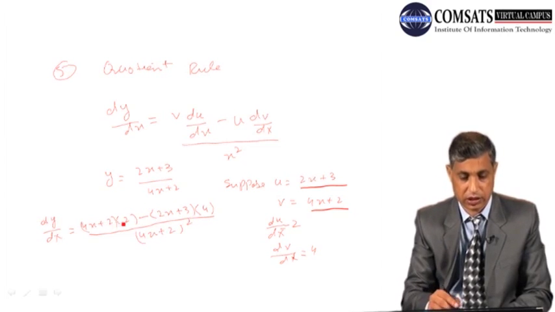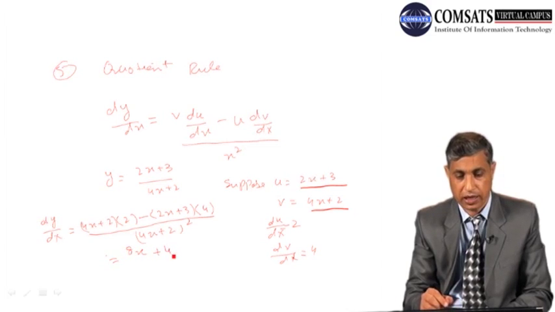Now if we solve the above, it will become 4x multiplied to 8x plus 4 minus 8x minus 12, divided by 4x plus 2 whole square.